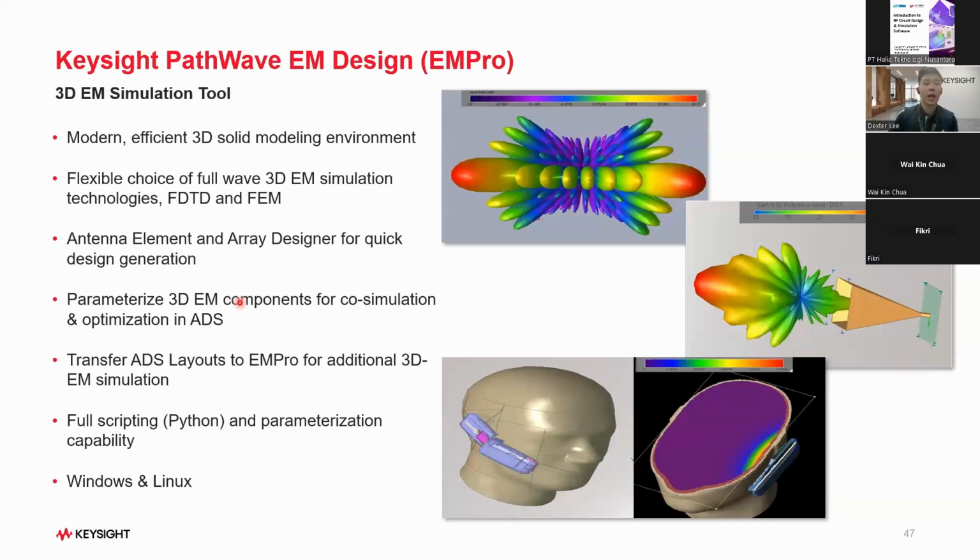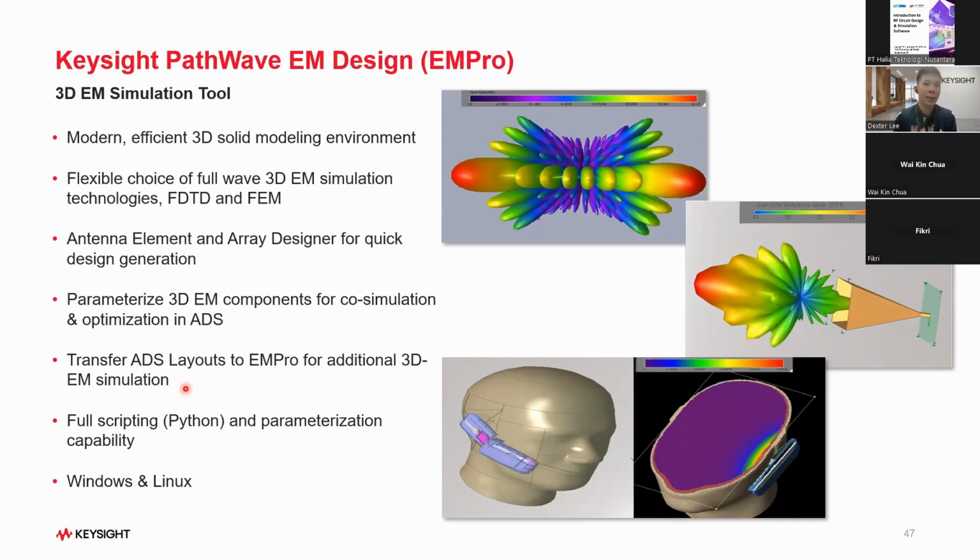For quick design generation, we are able to do parameterized 3D EM co-simulation and optimization with the help of ADS as well. We recently also implemented some parameter sweep within the EM Pro environment, so that is also possible. The most common use case we see with our users is that they will create 3D structures like RF shielding, for example, and import them into ADS for their PCB design.